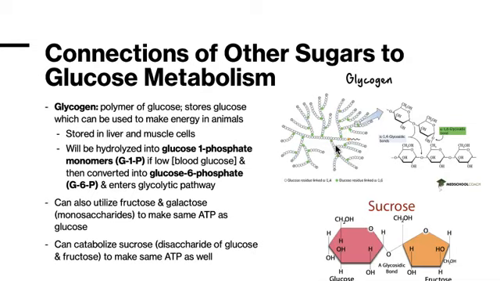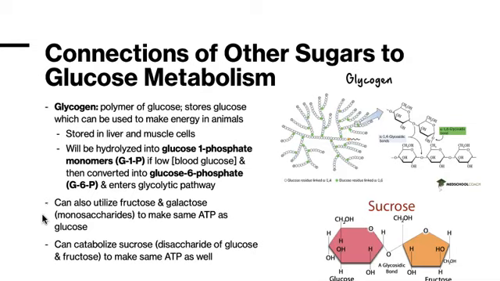We can also note that having glycogen in storage allows us to produce ATP for a longer period of time during exercise. Other ways we can gain or utilize sugars is to use fructose and galactose.